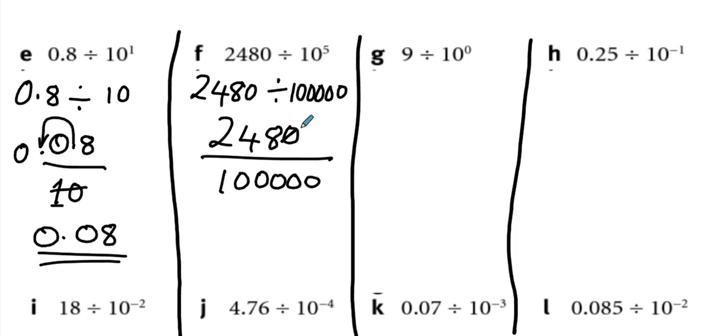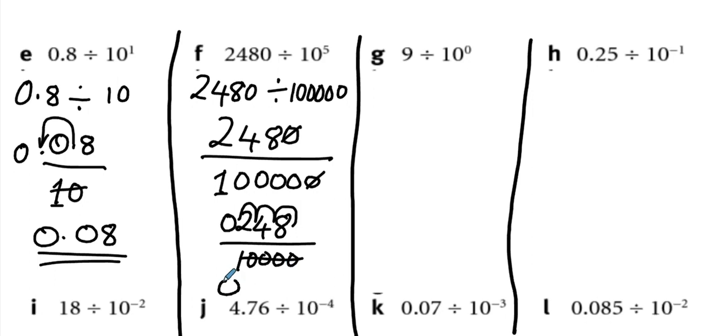You can cancel this 0, and then count how many zeros are remaining. We are left with 4 zeros. So this is 24.8 over 1, 2, 3, 4. So count 4 places from your right hand side: 1, 2, 3, and the other number will be 0. So this will be 0.0248. That's the answer.